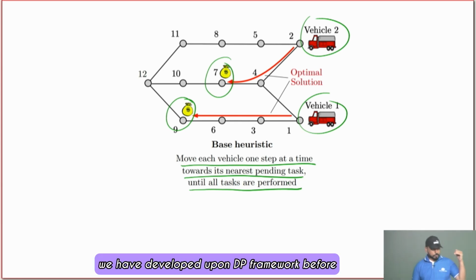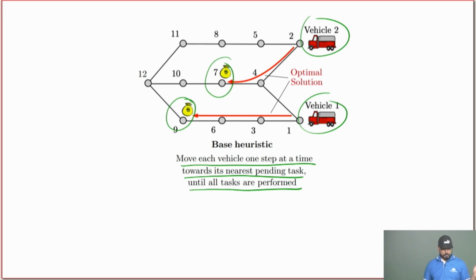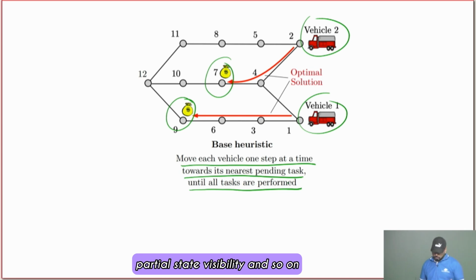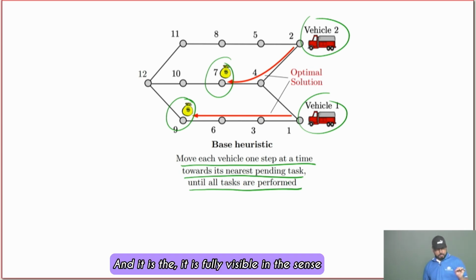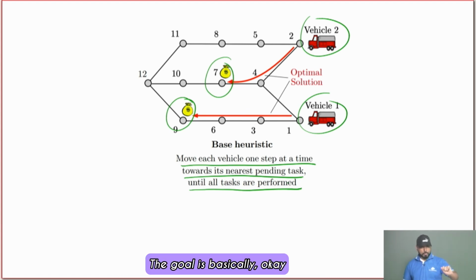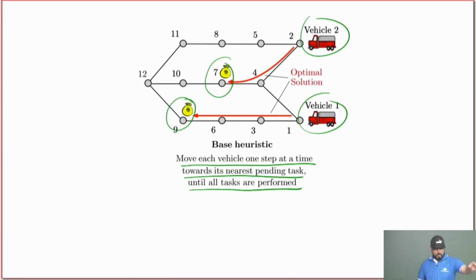We developed the POMDP framework before, which means partial information, partial state visibility, and so on. But here all of it is fully visible, in the sense that they know where the goal is. So when the base heuristic estimates, they know the nearest path to go.